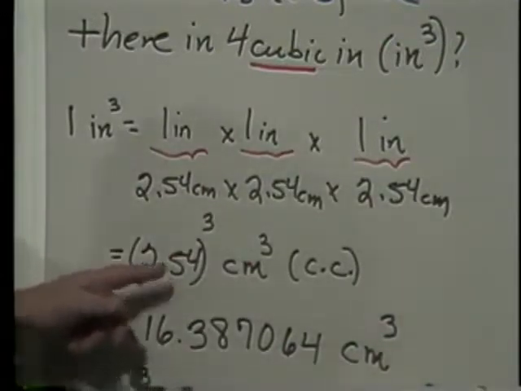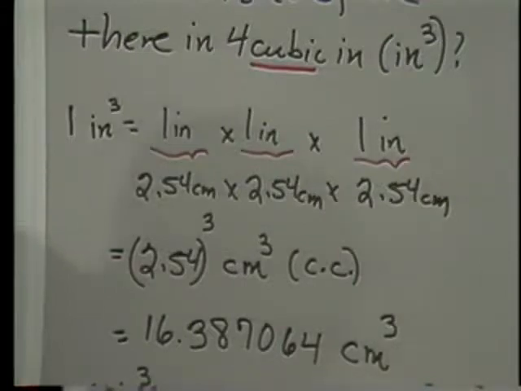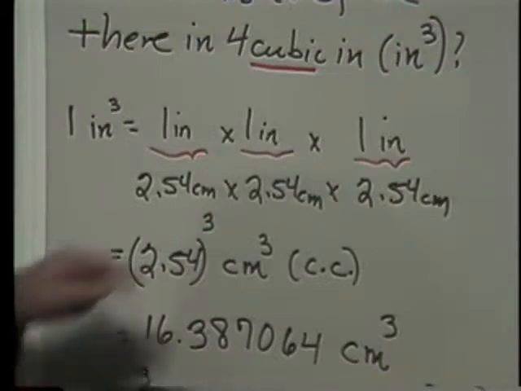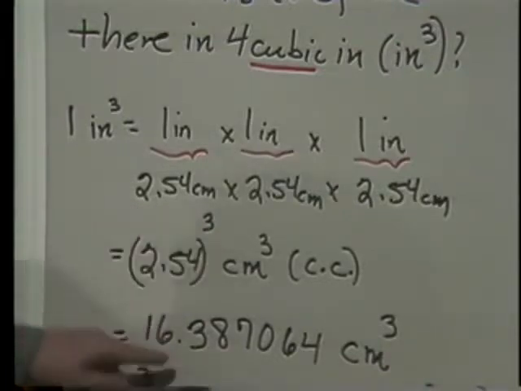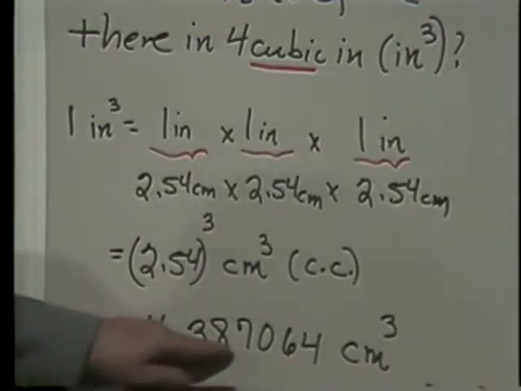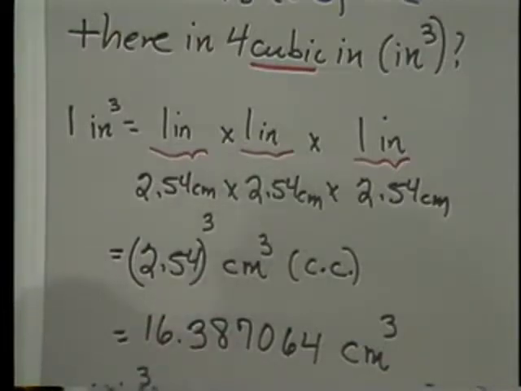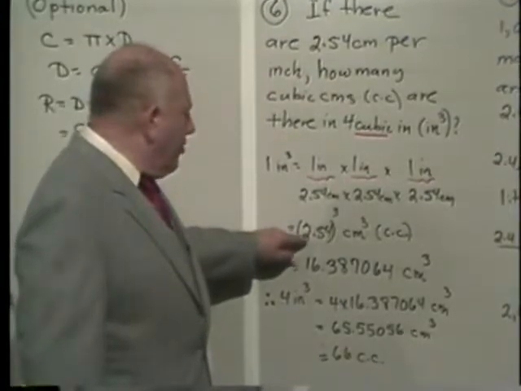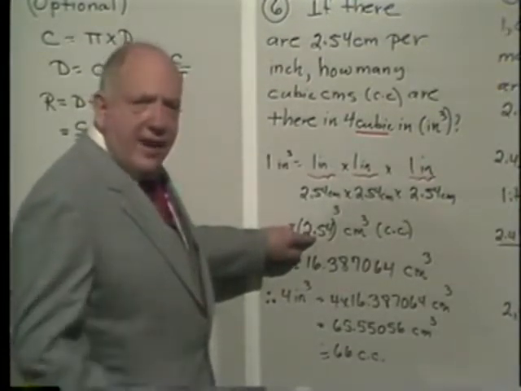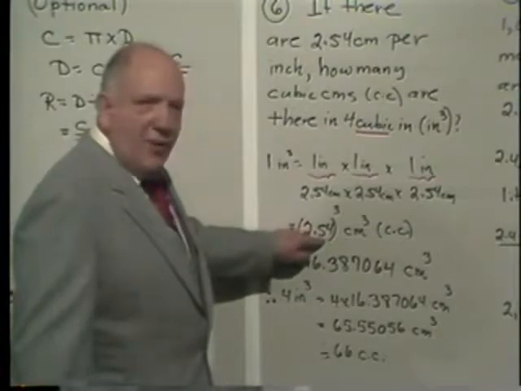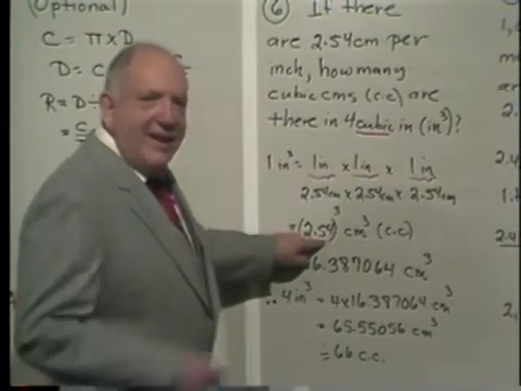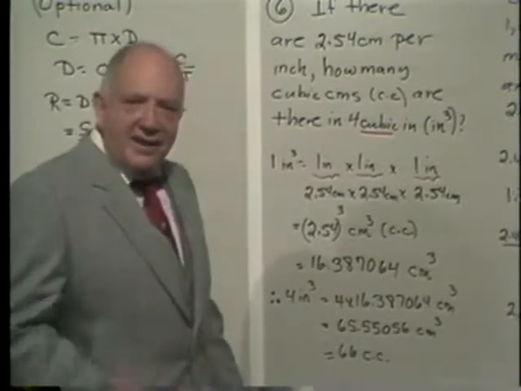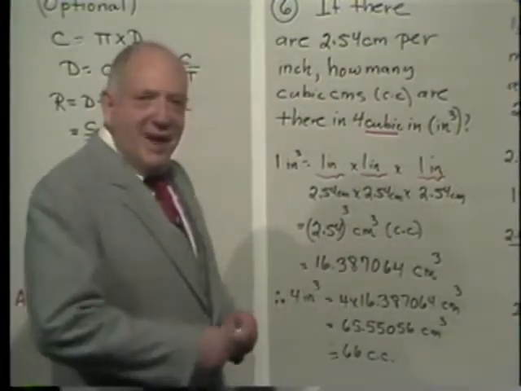Again, if your calculator has a y to the x key on it, you enter the 2.54, press the y to the x key, enter the 3, hit the equal sign, and what you'll get is 16.387064. If your calculator doesn't have a y to the x key, what you do is you enter 2.54, hit the times sign, enter 2.54 again, hit the equal sign, then enter the times sign, enter 2.54 again, hit the equal sign, and you should get the same answer.